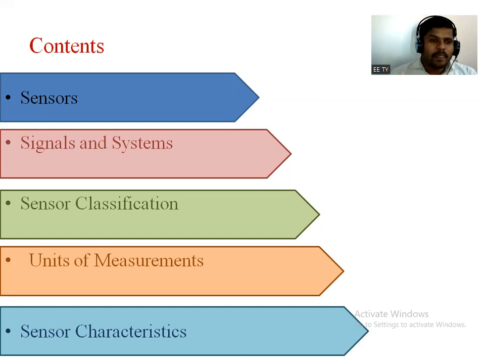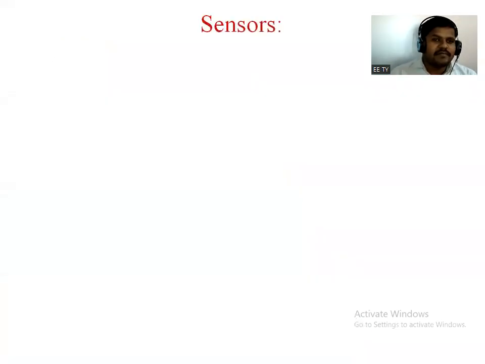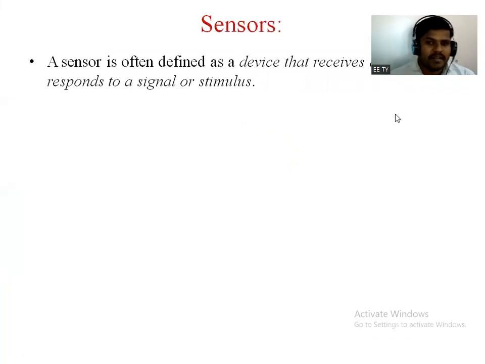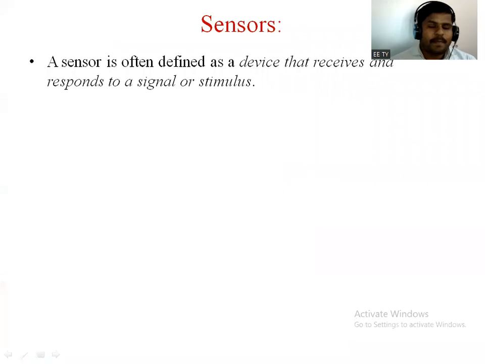Now we will see the first point, that is what is meant by sensor. There are different types of definitions, so we will discuss that point. As I have told, the sensor is nothing but a device. It can be a device that converts one form of energy into another form.